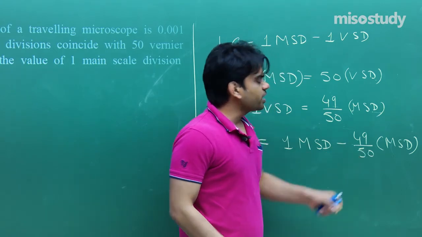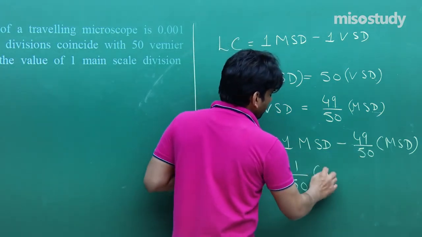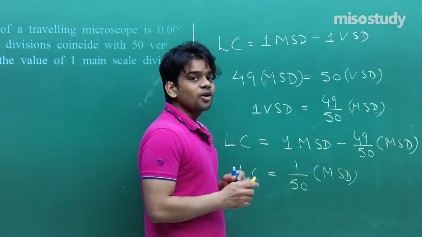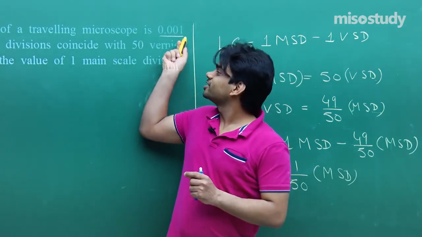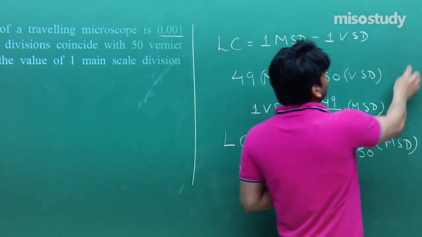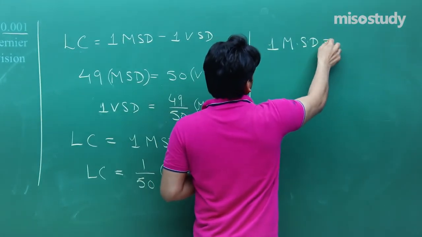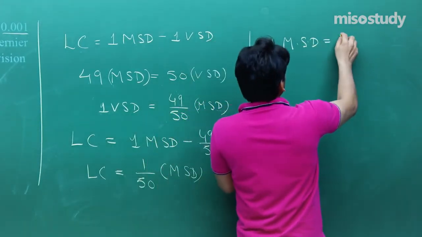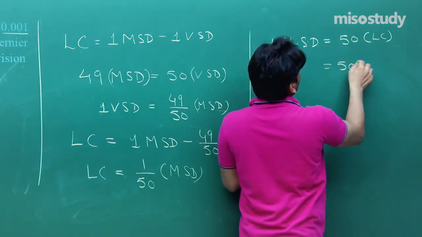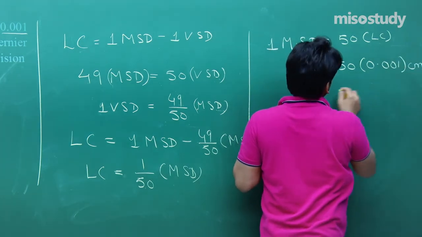So 50 minus 49, 1 by 50 main scale division, will be equal to the least count. Least count is given as 0.001 centimeter. So one main scale division turns out to be 50 into the least count, that is 50 into 0.001 centimeter.